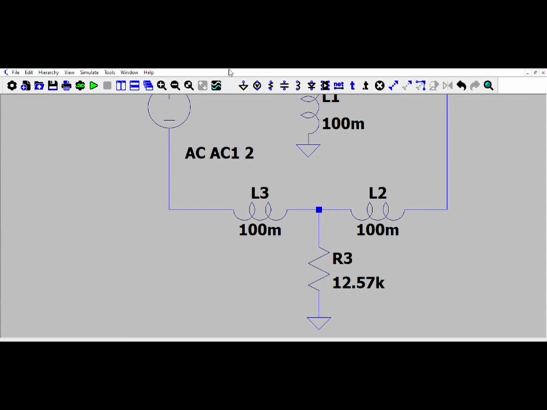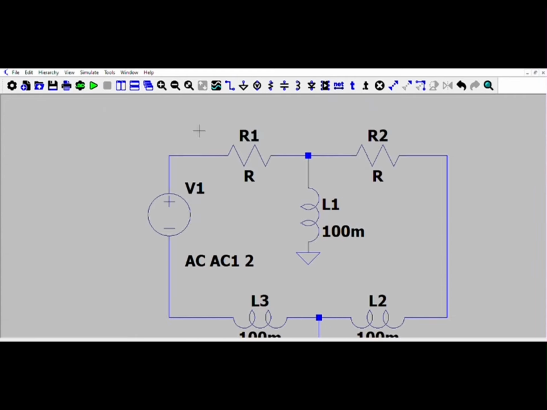And R3 will be 12.57 kilo ohms, and L1 is equal to L2 is equal to L3, and the R1 and R2 are the same, because I assumed them to be the same, which is 314.2 ohms. I should have put the unit also, but I didn't.